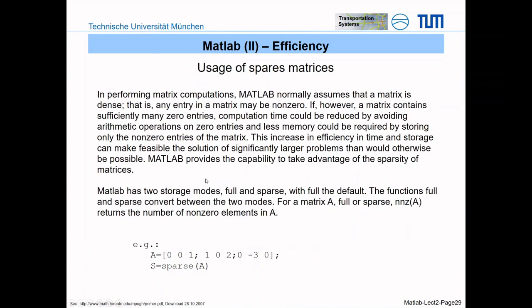What I should also tell you is that you always have a trade-off between speed and size of memory. If you have large matrices and you want to speed it up, then you have a large set of data and the program is fast.